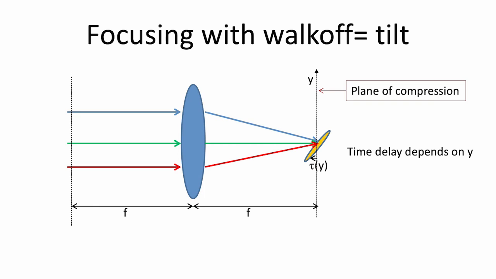There's no phase difference. That's why it's a focal point. But what will happen is that this spatial chirp at the beginning will be translated into angular dispersion at the focal point. That means your pulse will be tilted at your target. So this could be important or not, depends on your experiment.